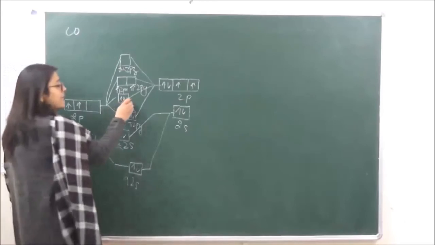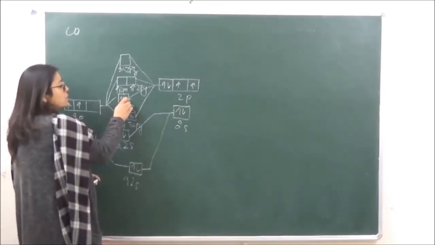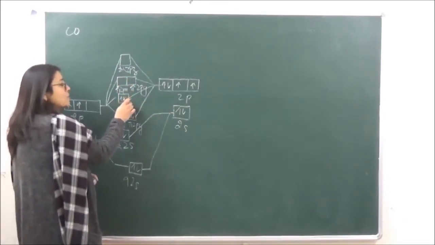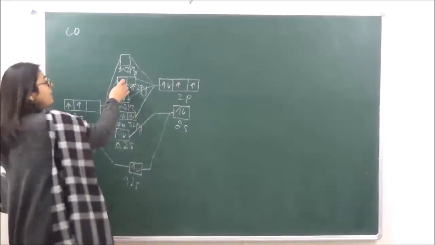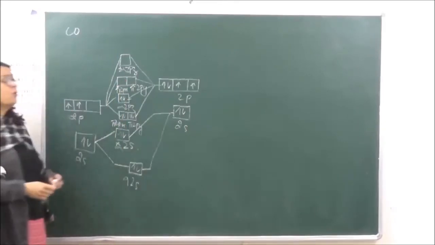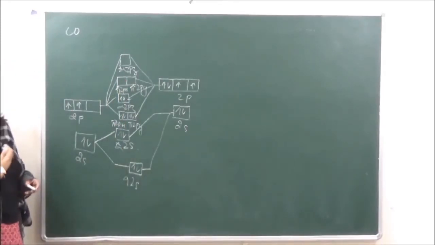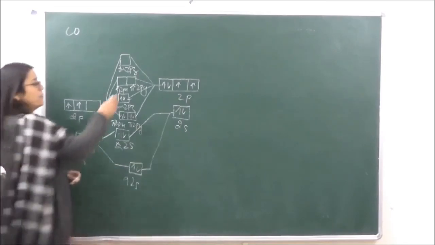Now the metal is going to donate electrons to the ligands. And when we are looking at the lowest unoccupied orbital, the one highest in energy, which will it be? That is going to be pi anti-bonding over here.